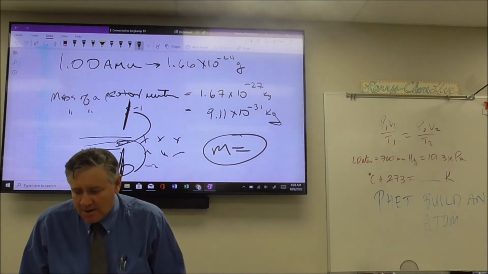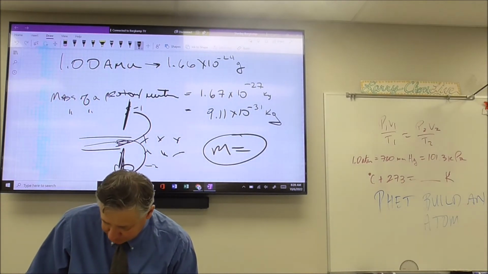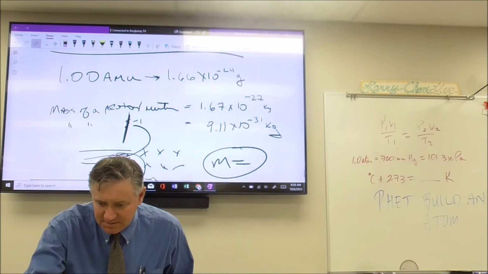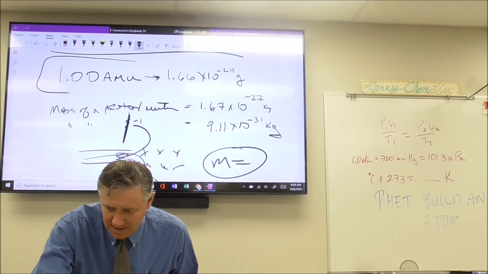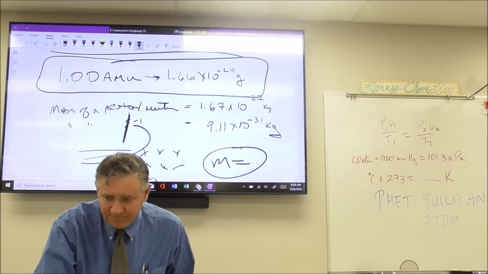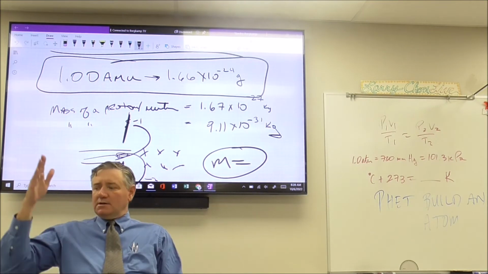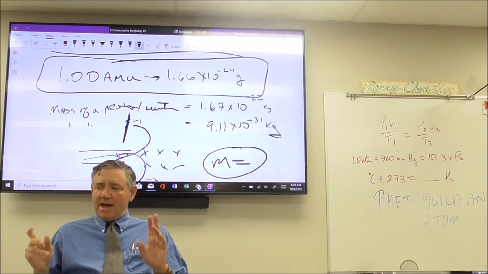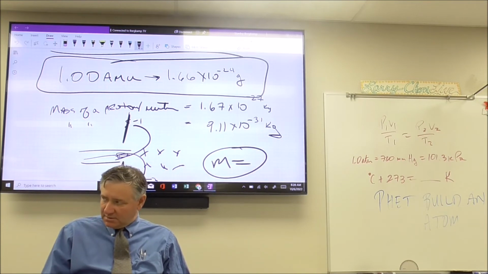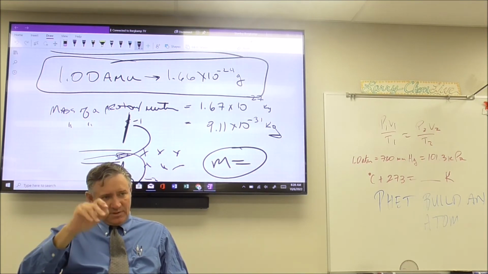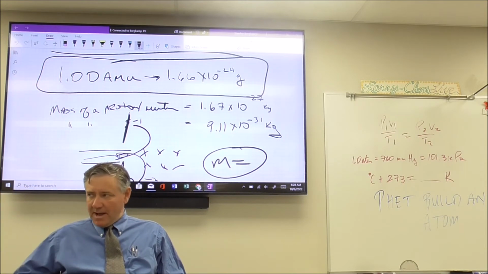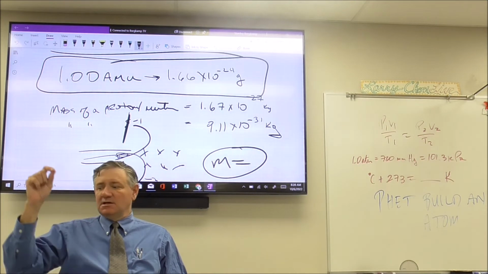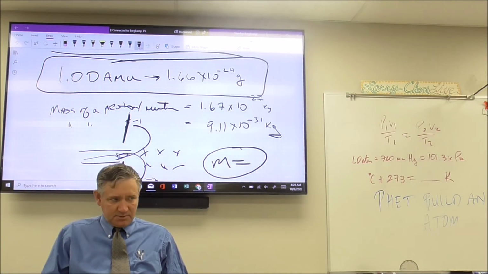Okay, so here's the deal. When you look at these numbers, so here's the mass, and you've got to understand these different units. So 1 atomic mass unit, okay, because atomic mass units is what they had first. When they were starting to figure out relative atomic mass, they did not have the technology to measure the mass of a single electron or a single proton, okay?